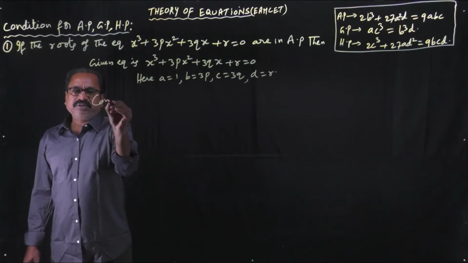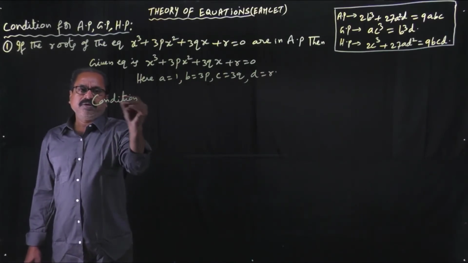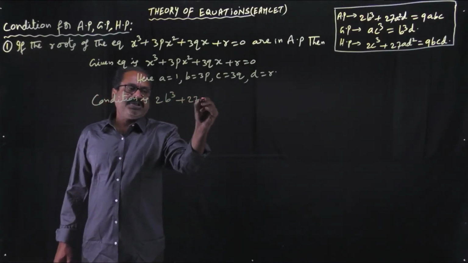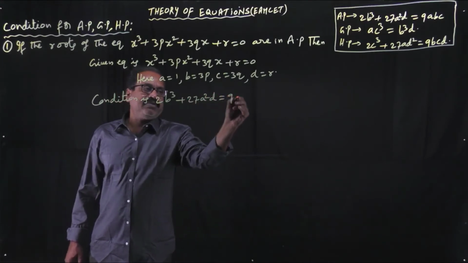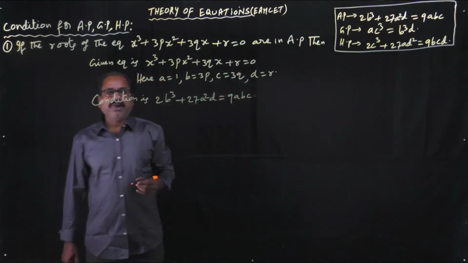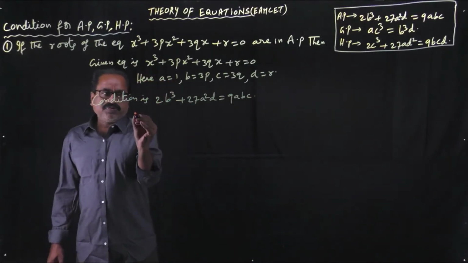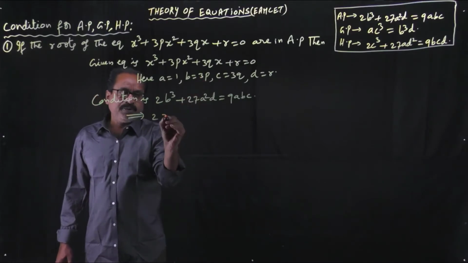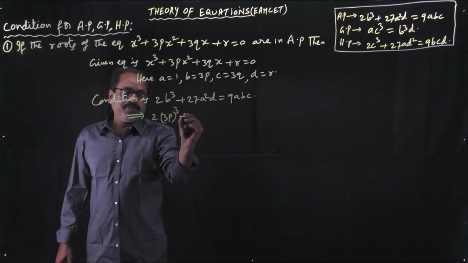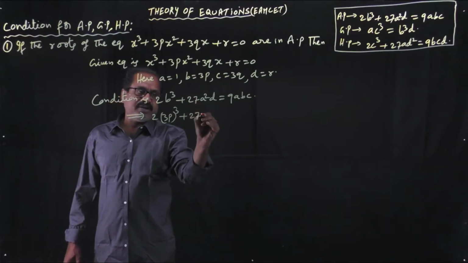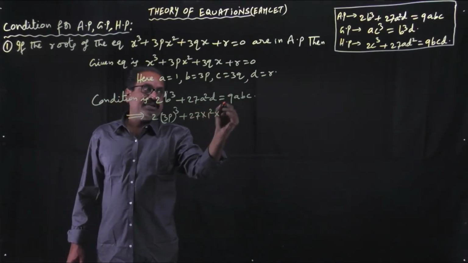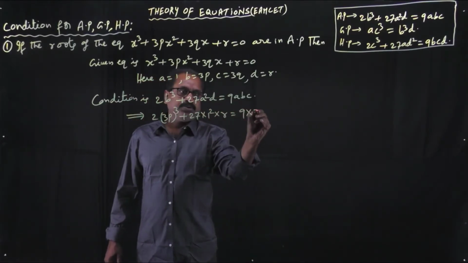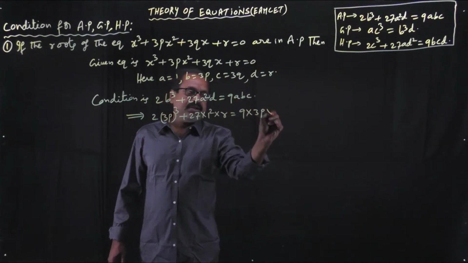The condition is 2b cube plus 27a square d equals 9abc. Substituting the values: 2 into (3p) whole cube plus 27 into 1 square into r equals 9 into 1 into 3p into 3q.